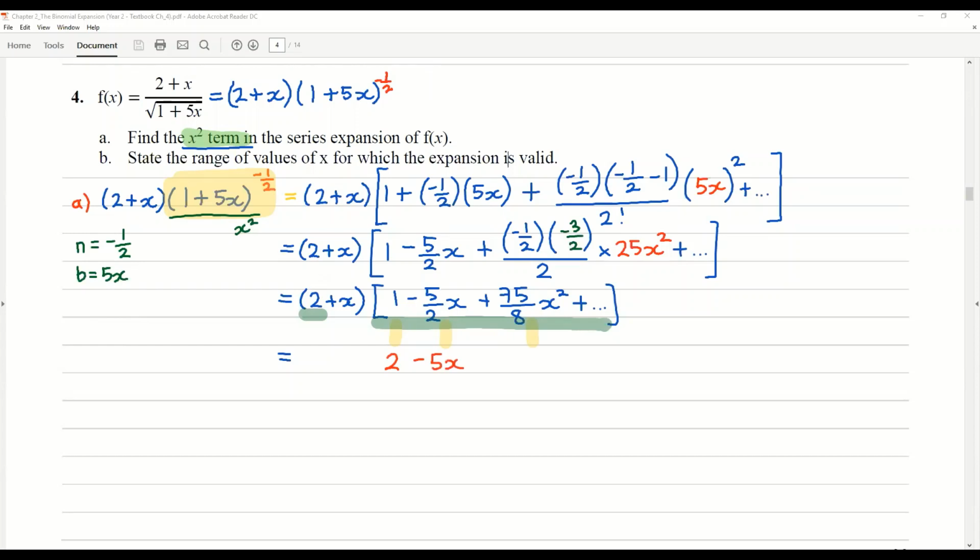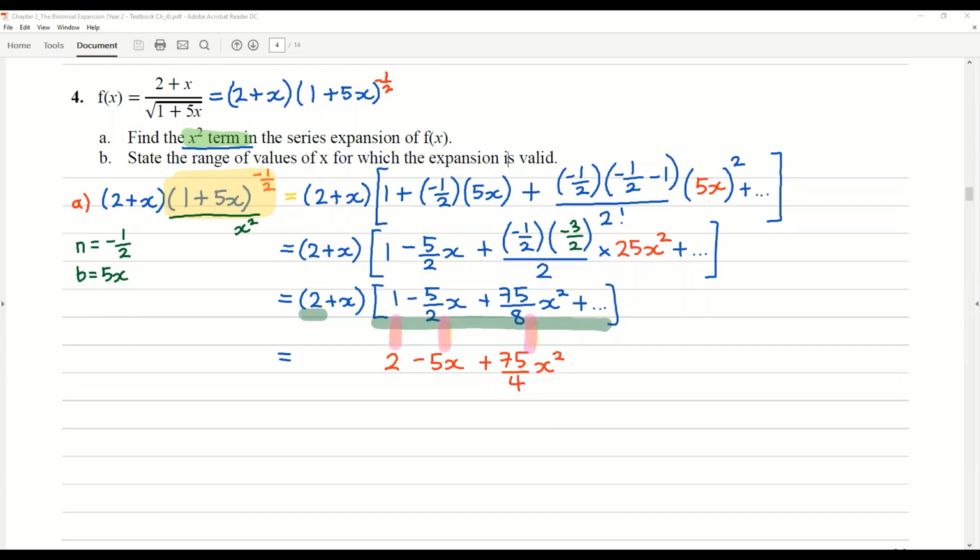And then if I multiply 75 over 8 by 2, I'm going to get plus 75 over 4 x squared. Okay, so see how I've got my columns there. Just to re-emphasize that, I've got constants, x's, x squareds, and I've multiplied by 2.